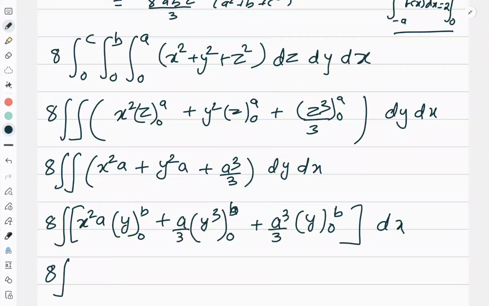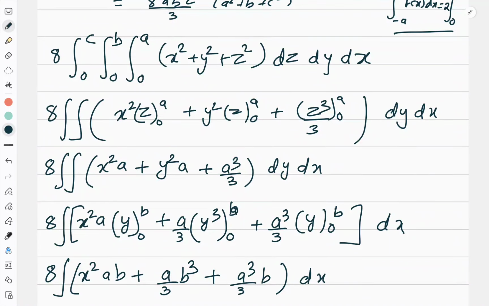So 8 times the integral. When you put b, you will get x square ab plus a by 3 b cube plus a cube by 3 b, and the limit is for x, dx. Right?